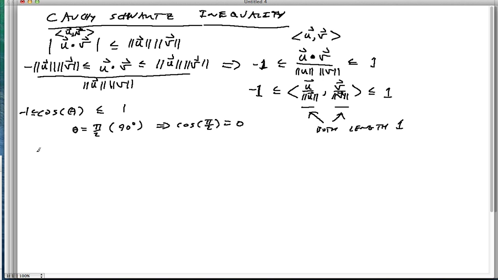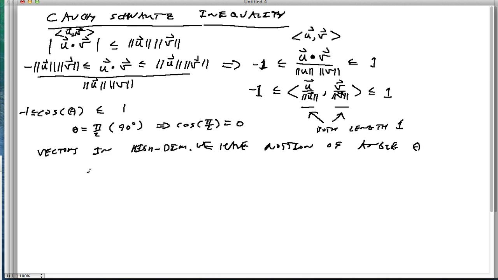So now, even for vectors in high dimensions, we have this notion of angle, theta, all right?